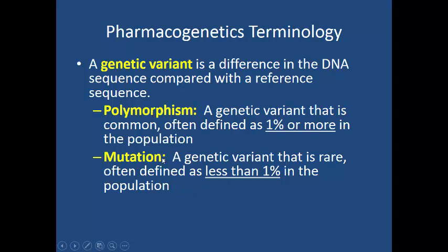So both polymorphism and mutation fall under the umbrella of genetic variant. The major difference between the two terms is mainly the frequency at which they occur in a population. So if it's common, you call it a polymorphism. Generally, if it's rare, it's referred to as a mutation.